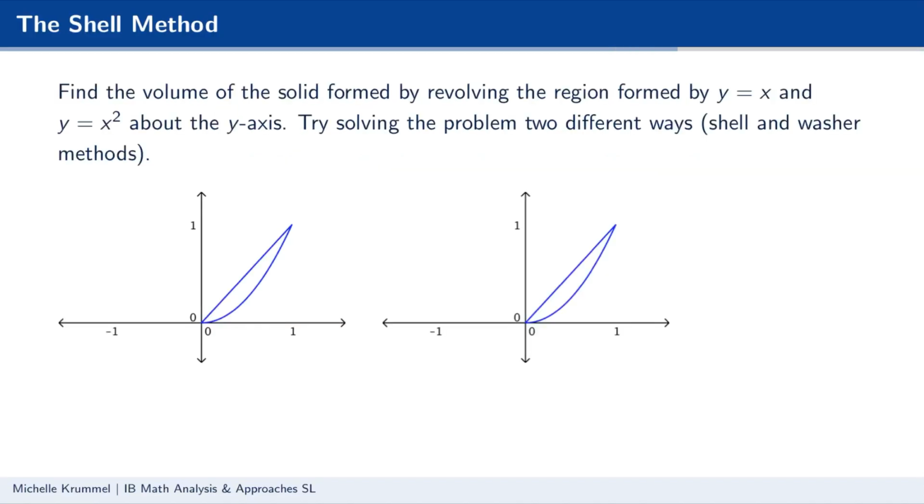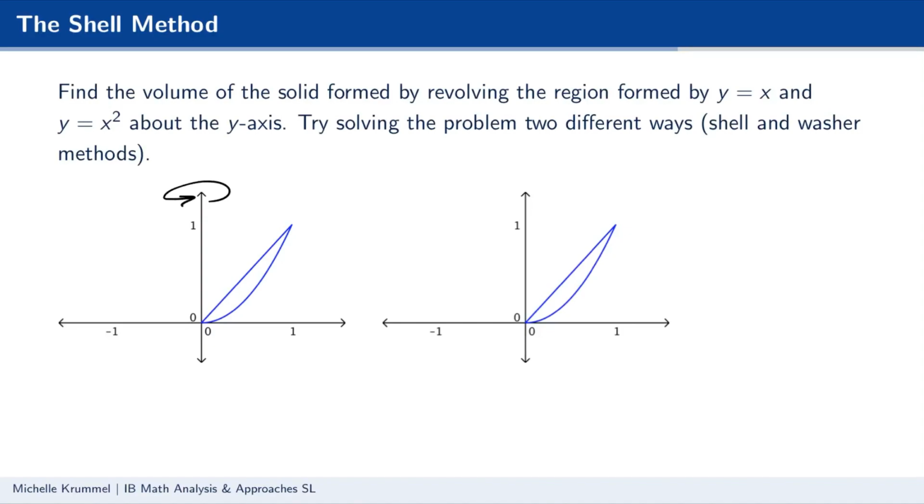For our last examples, we are going to try doing these problems 2 different ways, because sometimes one method isn't necessarily easier than another. So here we're going to find the volume of the solid formed by revolving the region between y equals x and y equals x squared about the y-axis.